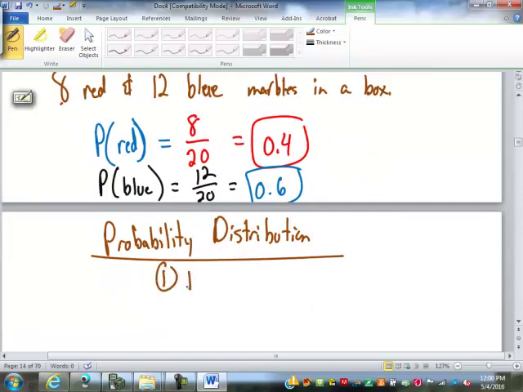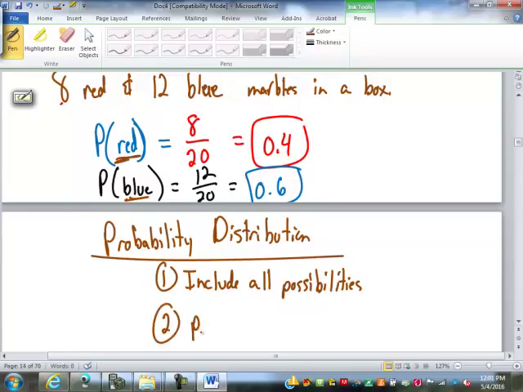One, it must include all possibilities. If I'm only drawing out one marble, those are the only 2 possibilities, either red or blue. Two, the probabilities must add to exactly 1. 0.4 and 0.6 add up to exactly 1.